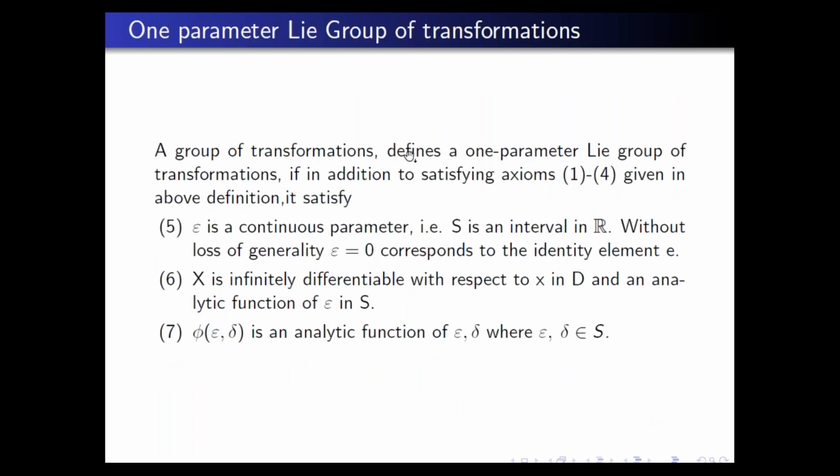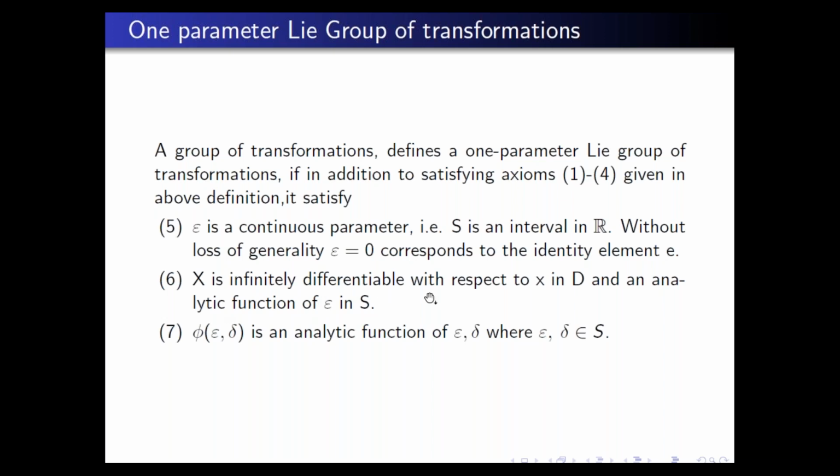Now a group of transformations, which I described in the last slide, defines a one parameter Lie group of transformations if, in addition to satisfying axioms 1 to 4 given in the above definition, it satisfies: 5. epsilon is a continuous parameter, that is, S is an interval in R. Without loss of generality, we can take epsilon is equal to 0 corresponding to the identity element E. 6.